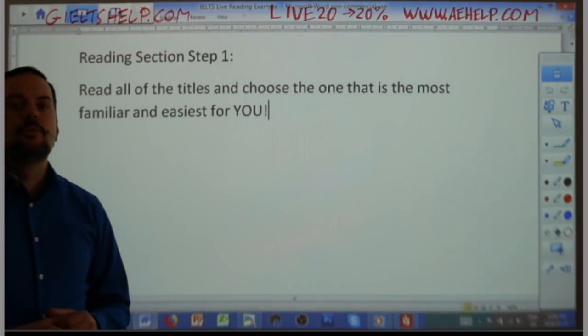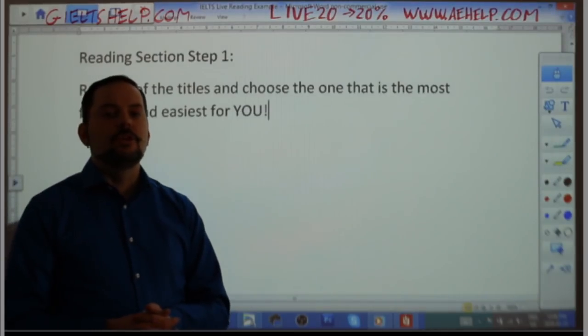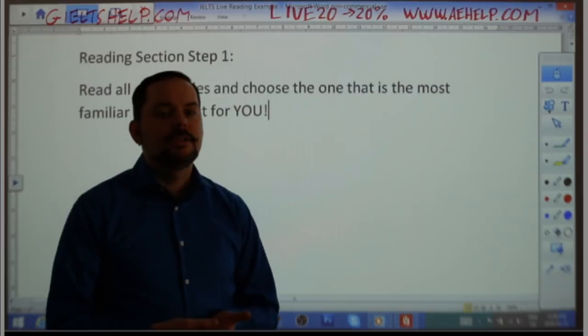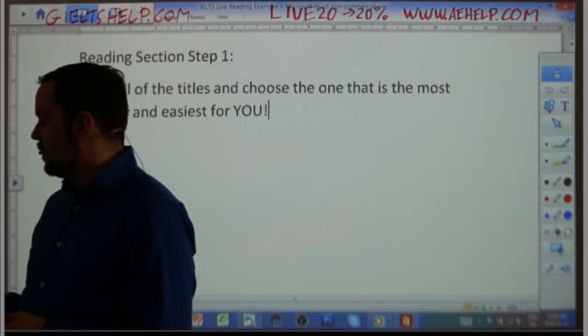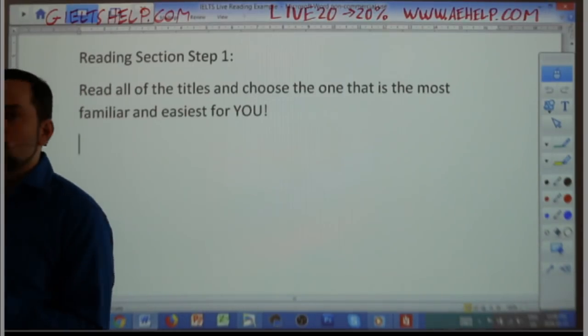Okay, so read all of the titles and choose the one that's most familiar or easiest for you. This is important because if you start to run out of time, you want to get the maximum scores that are possible. Now, there are a few different ways that IELTS makes the passages more and more difficult.